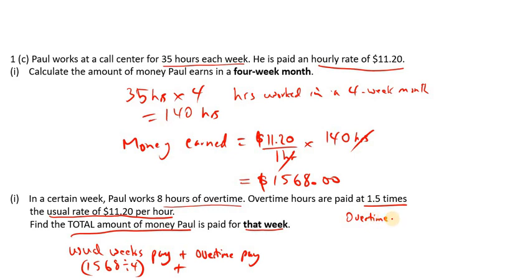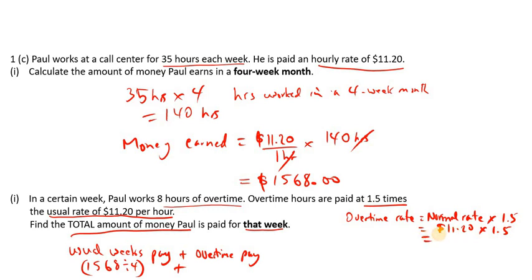That's how we calculate it: normal rate times the 1.5 here, because it's time and a half. And the normal rate is $11.20 times the time and a half.